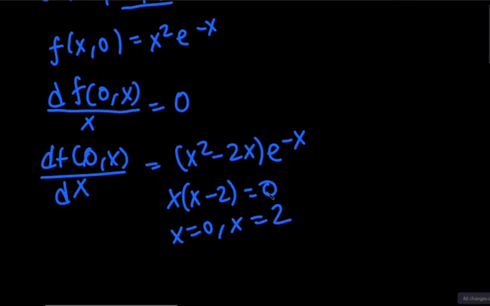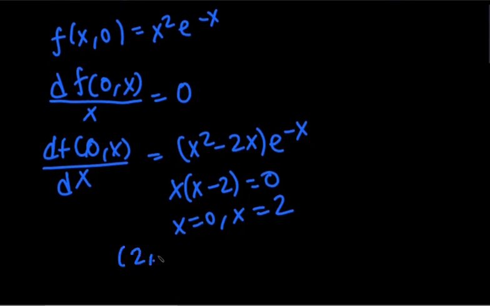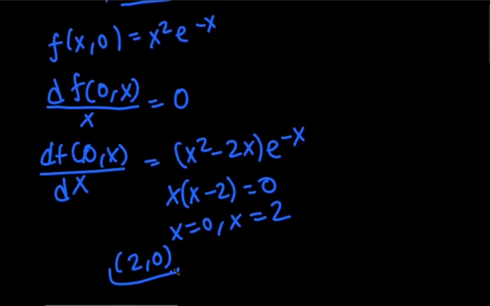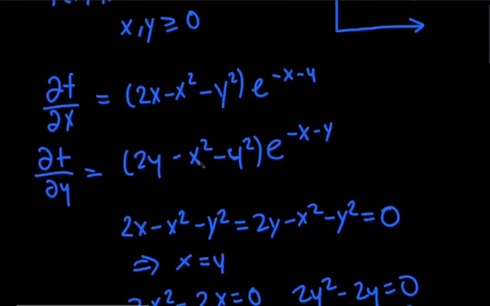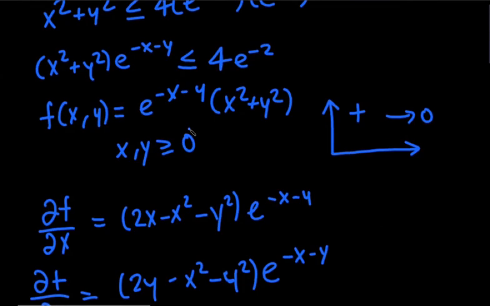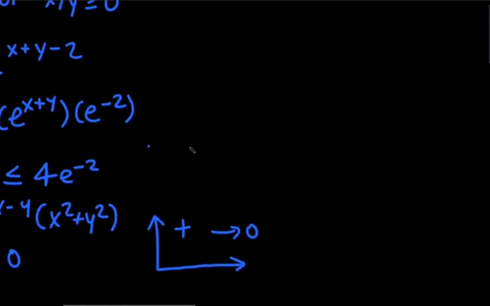So since 0, 0 is obviously not a maximum, what this means is that the only points on the boundary of the quadrant would be 2, 0 and, by symmetry, 0, 2. Now we can just evaluate this function at our critical points 2, 0 and 1, 1.